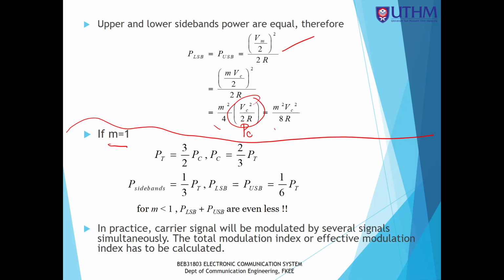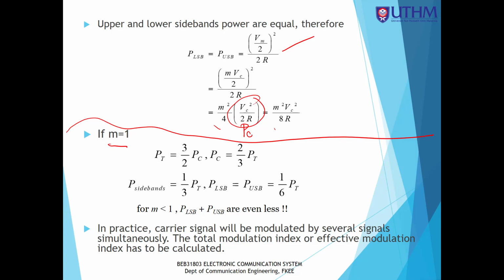The second thing is about the bandwidth. The bandwidth is also not efficient because the information in the upper sideband and lower sideband are the same. So as if we transmit twice. So bandwidth is equal to 2 FM, whereas the information is duplicated in the lower sideband and upper sideband.